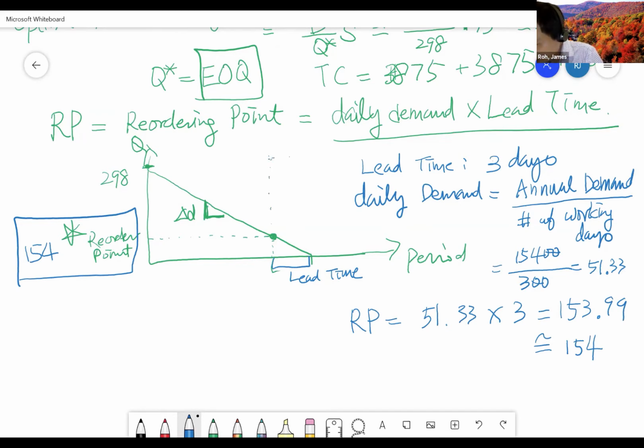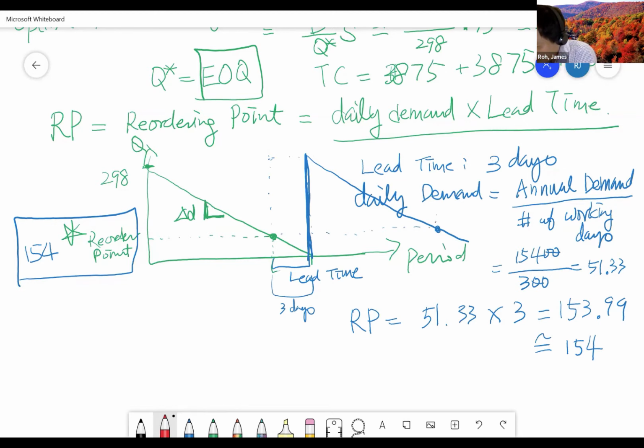You have to order 298, and after lead time of 3 days, your inventory will be replenished this much, and then it will go down depending on your demand. When it reaches, given that your demand is constant, this point of 154, you're going to order again.